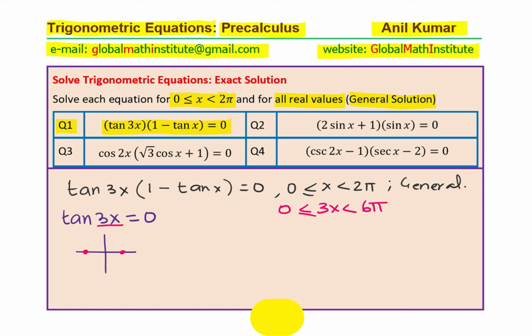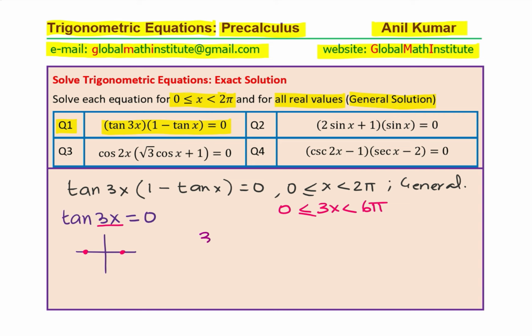So that means we're not looking into just these 2 points, but we are also looking for their multiples. So there are more than 2 solutions, remember that part, since it is tan of 3x, not just x. And so we're looking for all the values from 0 to 6 pi, where 6 pi is not included. Clear?